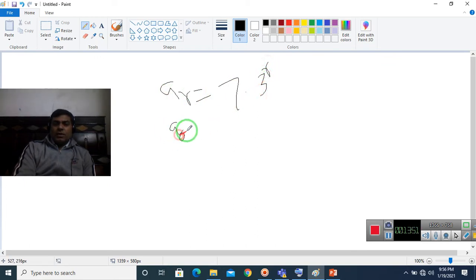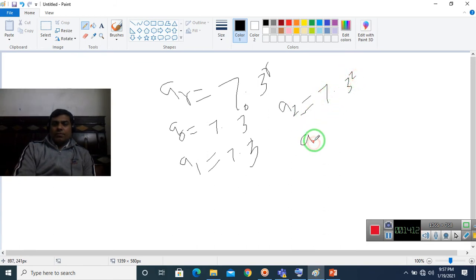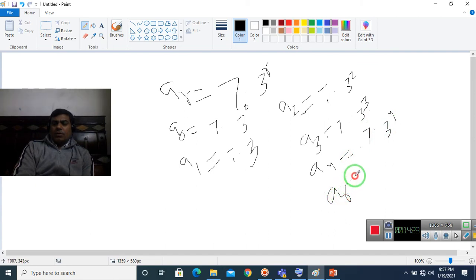Just put here a0, it becomes 7 into 3 to the power 0. a1 equals 7 into 3 to the power 1, a2 is 7 into 3 to the power 2, a3 is 7 into 3 to the power 3, a4 is 7 into 3 to the power 4, ar equals 7 into 3 to the power r.